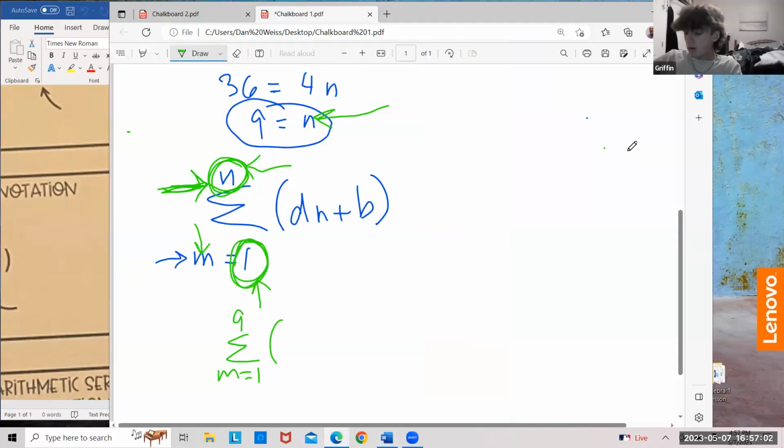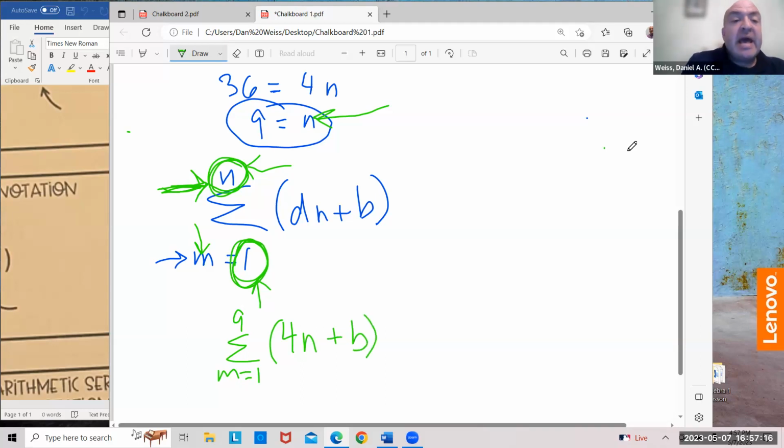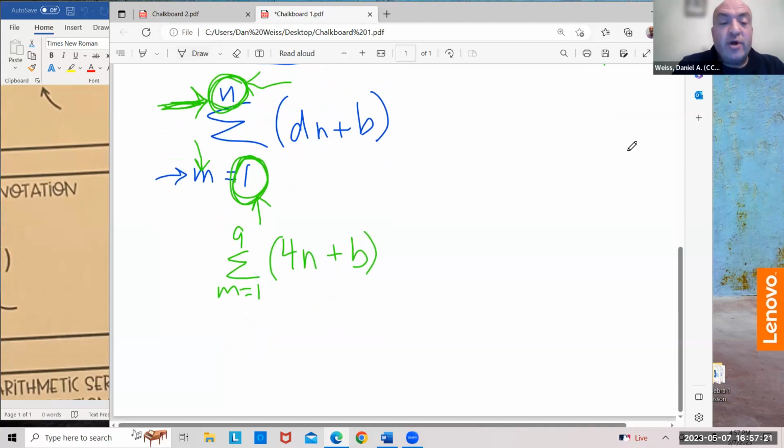So it's going to be 4 times, no, we're just gonna leave the N for a second, plus B. Now what we're going to do is put in the very first, oh, shoot. Maybe I do need to leave it as N. I'm sorry.